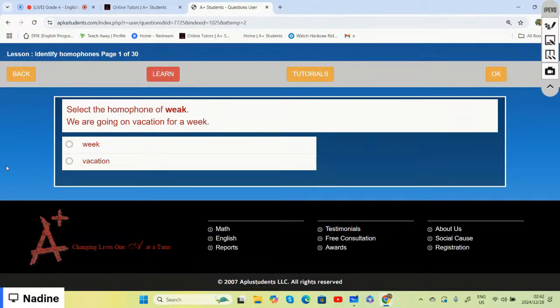All right, we need to select the homophone of weak. Here we have the word weak. Now, if you look at the sentence, it says, we are going on vacation for a week. What is the homophone of week? Is it option one, week, or option two, vacation?